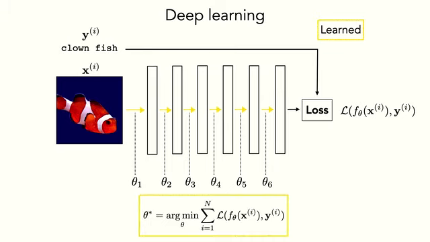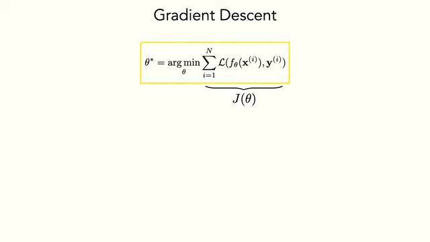Cool. So essentially what you're trying to find is some optimal set of theta that minimizes that loss function over all of your available data set. Now, when we talk about gradient descent, finding that optimal set of parameters, what we often talk about is that it's the set of parameters that is optimal for some cost.